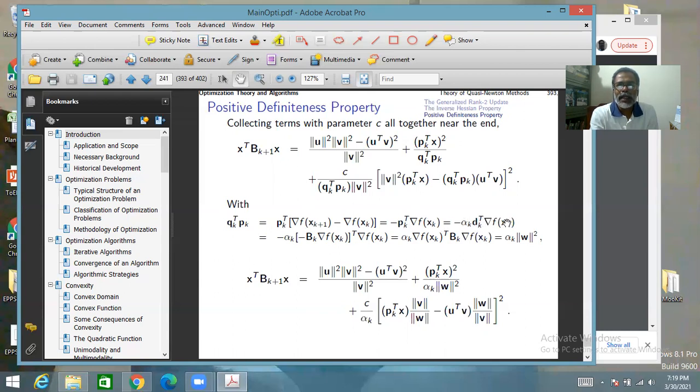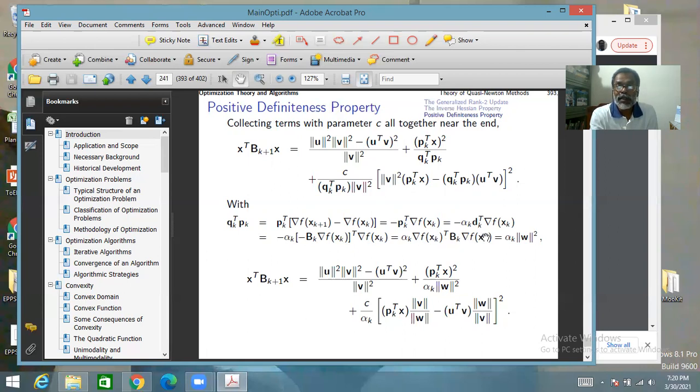And gradient here. What is dk? Dk is minus bk gradient at xk. So in the next step, this minus and minus plus go out, and we open this and we get alpha k grad f at xk transpose bk this. That is this. Now you see, what is this?